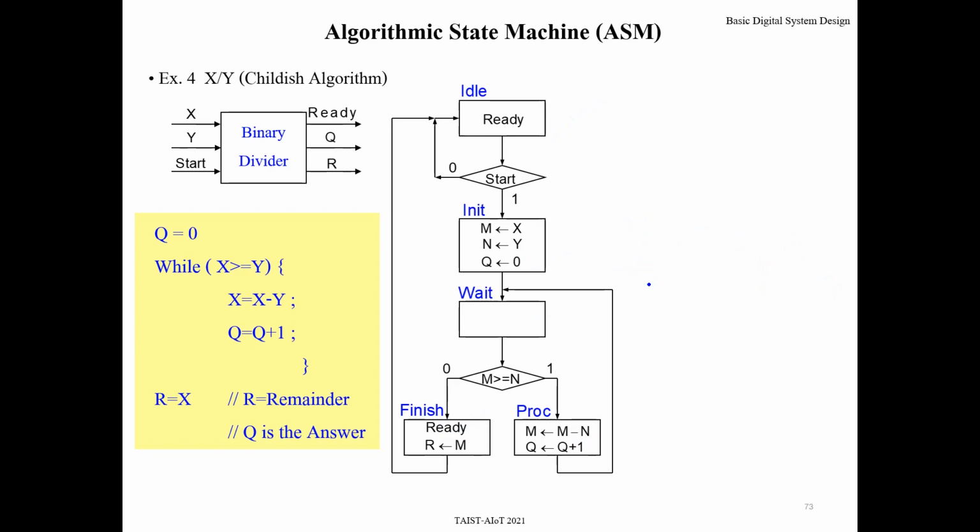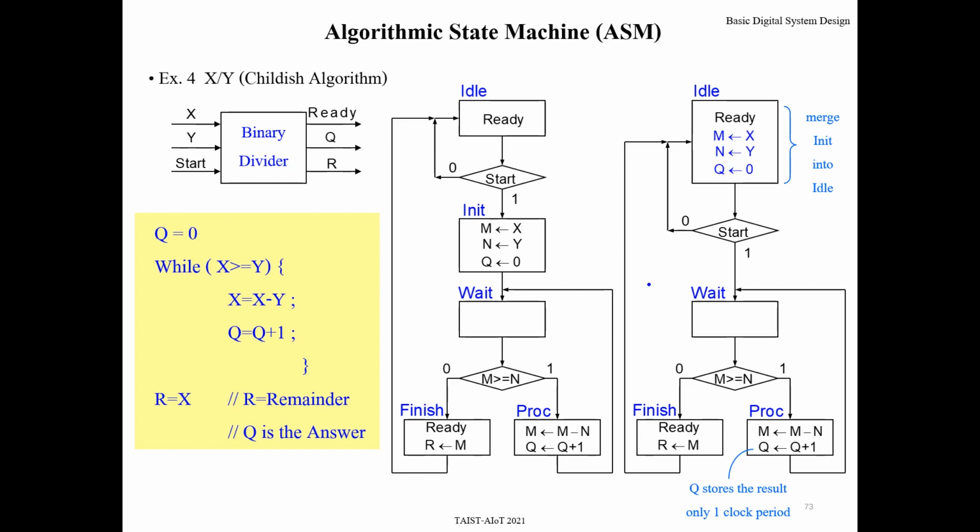So anyway, I try to reduce the number of states, but observe that while you wait, the input start becomes 1. You repeat this one, right? During the repeat of this state, actually you can assign the initial value to this register, right?